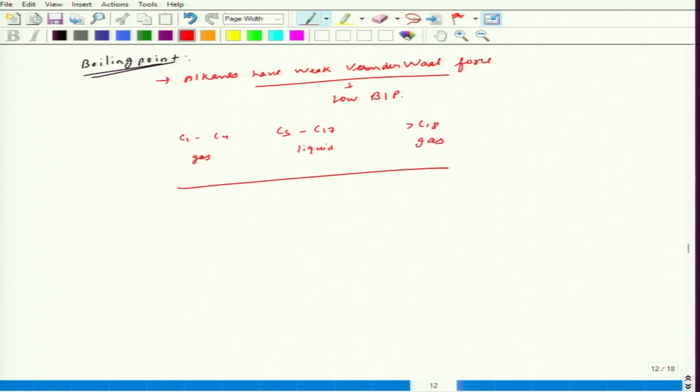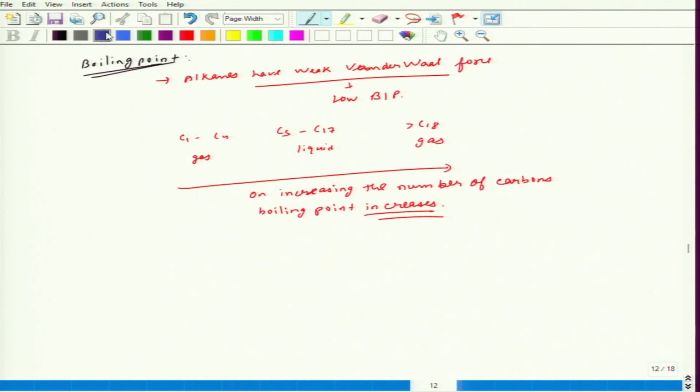That means on increasing the number of carbons, the boiling point increases.